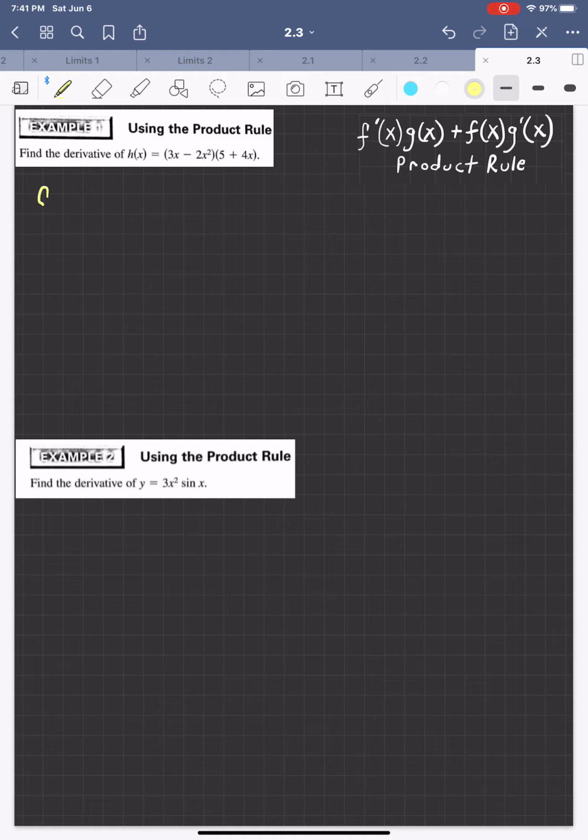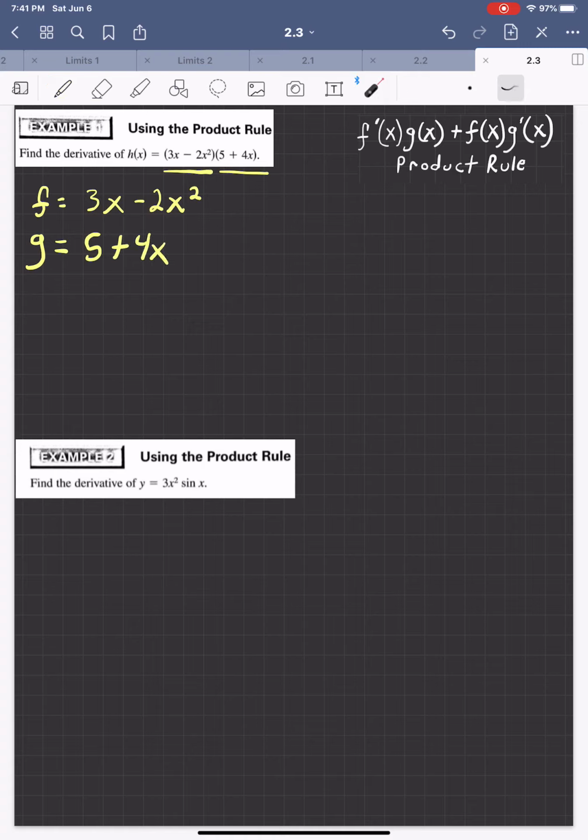I would want to label f, and to save time, I'm not going to write f of x or g of x. I'm just going to write f and g. So let's label, what do we want to call f? Well, we'll call f 3x minus 2x squared, and we will call g 5 plus 4x.